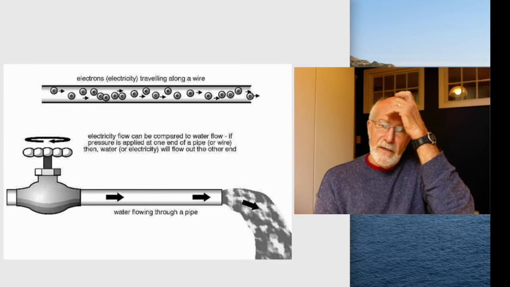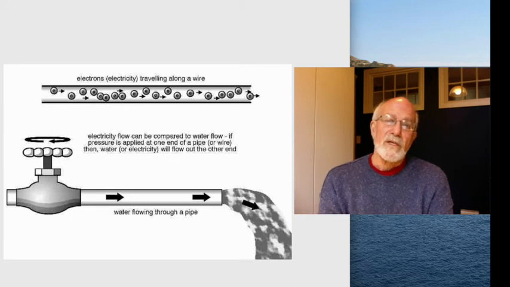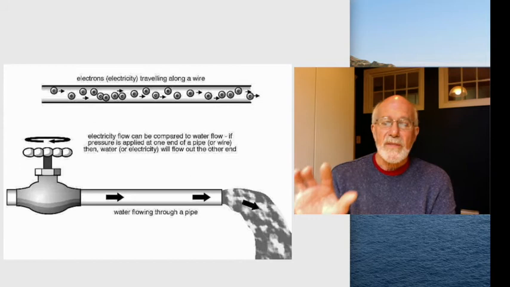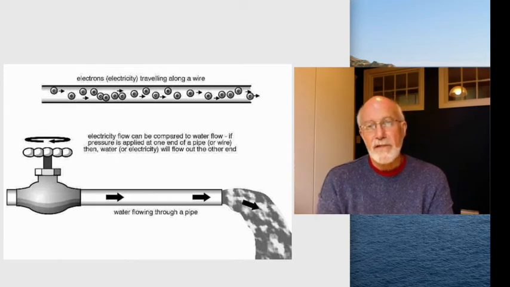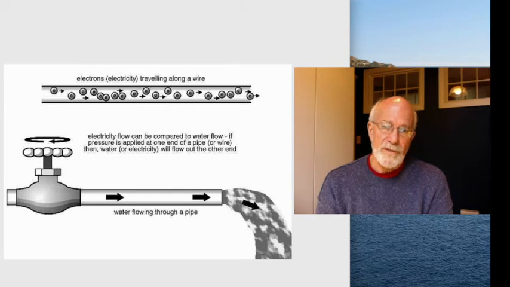One is, if you're looking at water, for example, you have what's the pressure, what's the motive force, the pressure behind the water. That would be equivalent to, in electricity, a unit called the volt, which is also a measure of electromotive force.